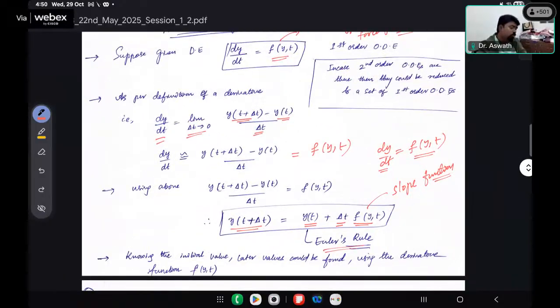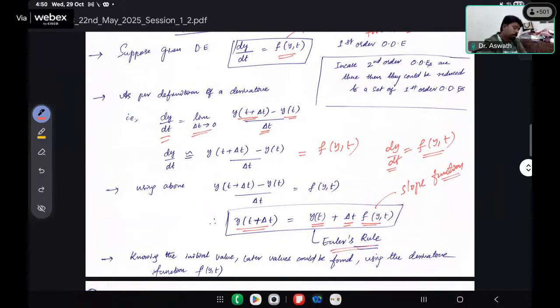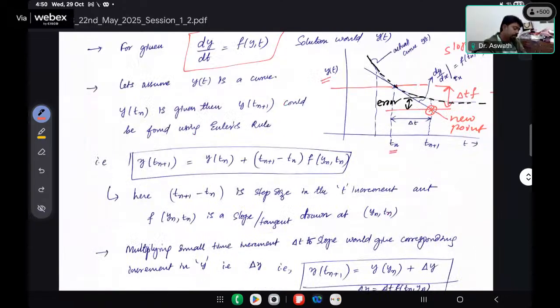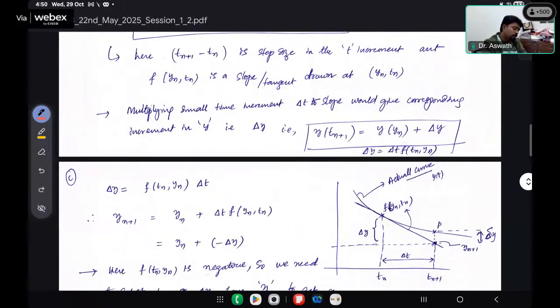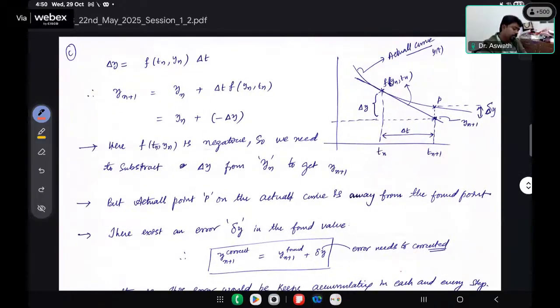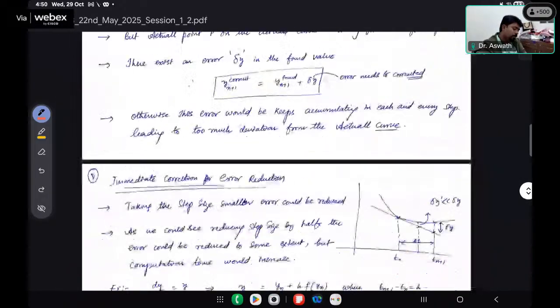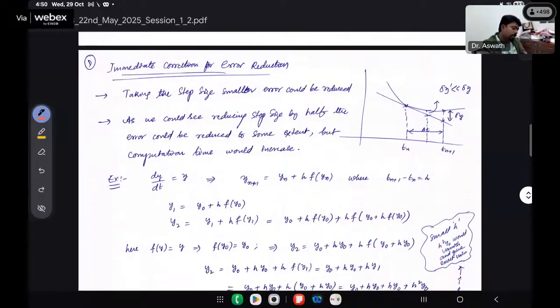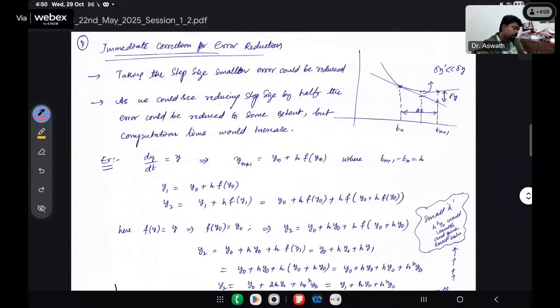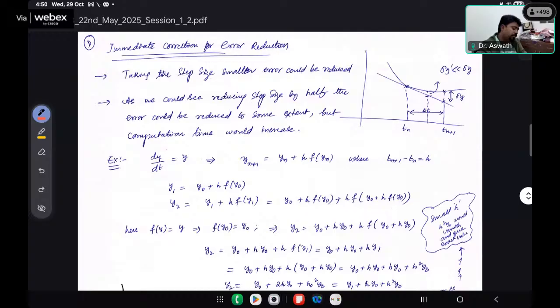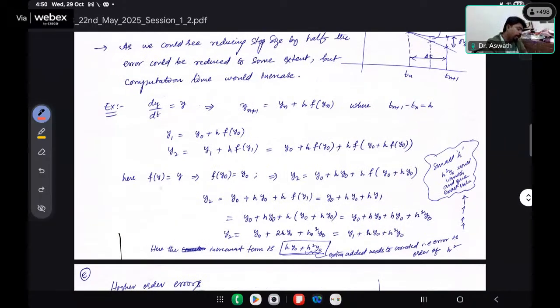So why? Let me show you where the error is coming from again. Here it is. If you do the Taylor expansion of y for a small change, you would have expansion terms, higher order terms, and so on.